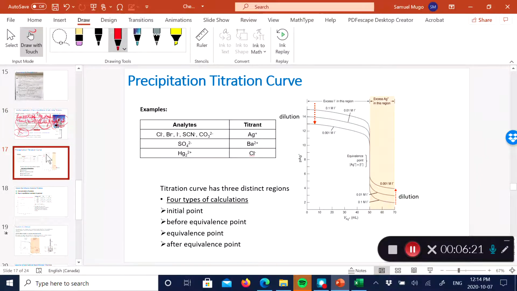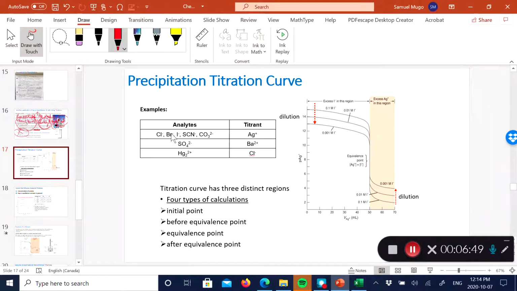So going back to precipitation type of titration, you can do many different types of quantitative analysis of different species just by converting them into salts, where you add a titrant to those species to give you a salt, and then you determine the end point, and that way you can determine the concentration of those salts.